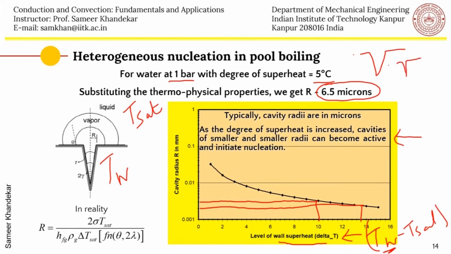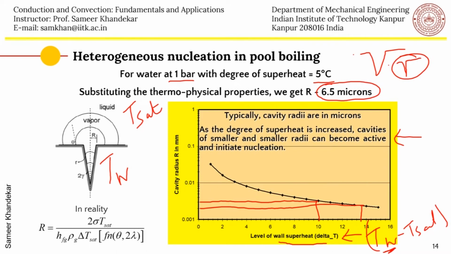So what it actually means otherwise also is that if you have a very smooth surface, then the degree of superheat which is required is very large. If you have a rough surface in a heterogeneous nucleation situation, you will have more and more nucleations happening on a typical rough surface.